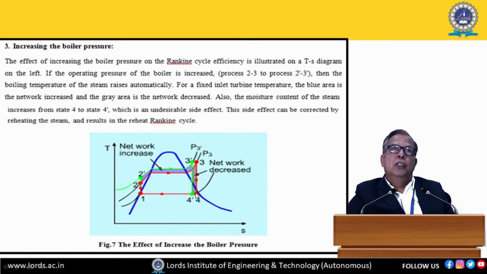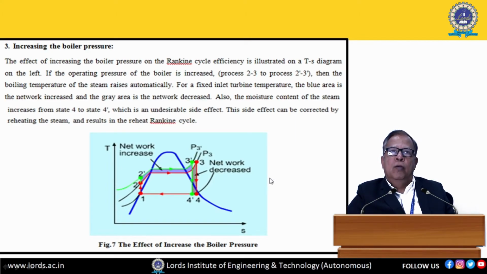In the reheat cycle, the efficiency of the Rankine cycle can increase by expanding the steam in the turbine in two stages and reheating in between. In other words, you modify the simple Rankine cycle with a reheat process. Reheating is a practical solution to the excessive moisture problem in turbines, because if there is excessive moisture in the steam, it is going to erode the turbine blades.